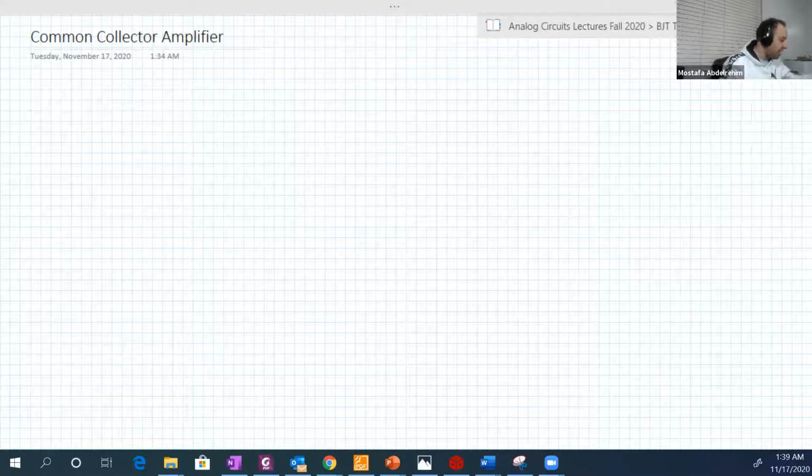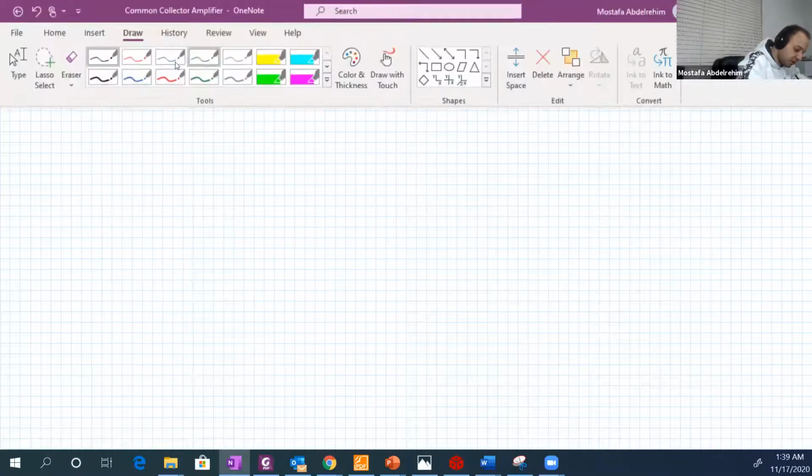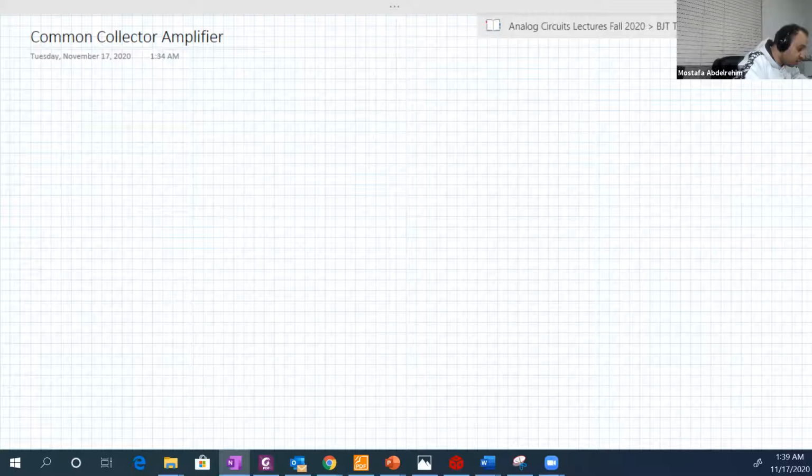So let's have a simple example for it. Let's draw an example.